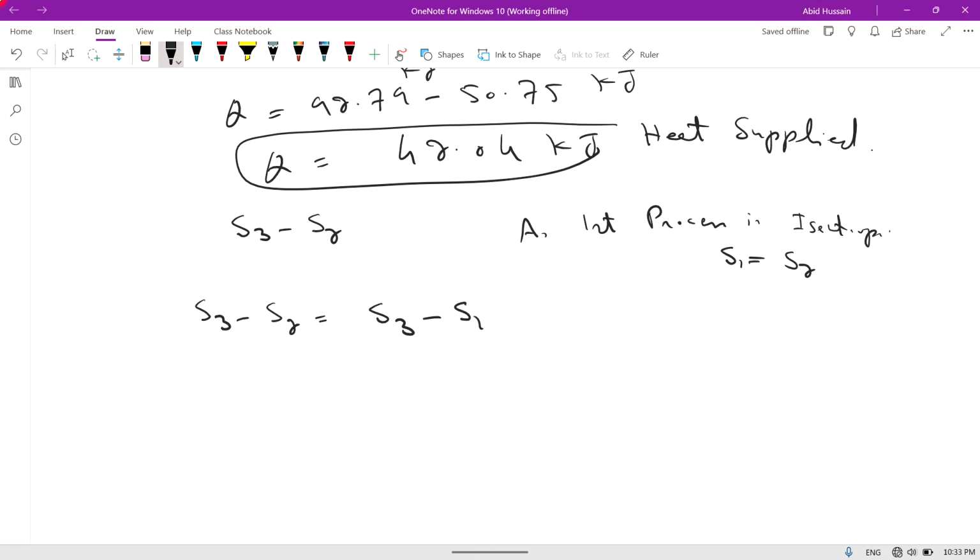For S3 minus S1, formula is m Cp natural log of T3 divided by T1.